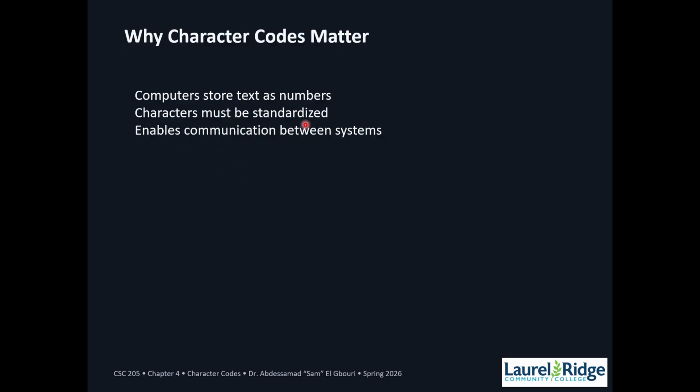It will give us the same letter, right? This enables communication between systems, because if you don't have the right encoding standard, you will not be able to retrieve the right data. Even if it is the same zeros and ones, when it's encoded or decoded, it will give us the wrong thing.